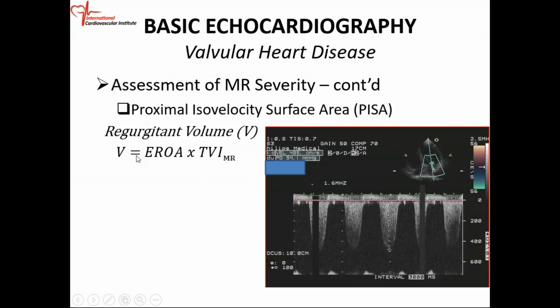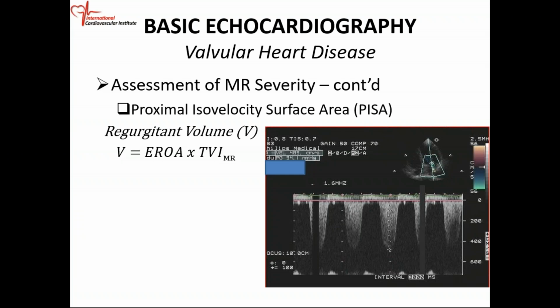Remember, a large amount of regurgitant volume tells you that the MR is severe. And we're going to go over the table looking at mild and severe MR. We went over this in hemodynamics. We're going to go over it again.